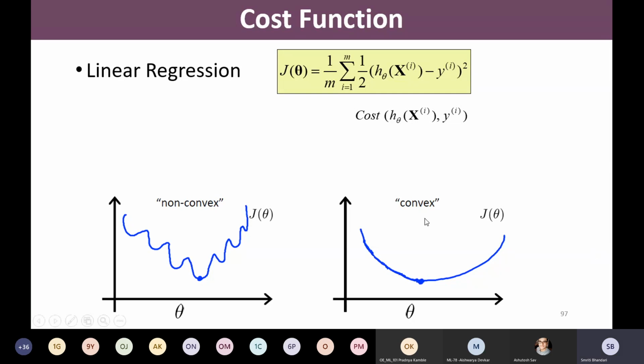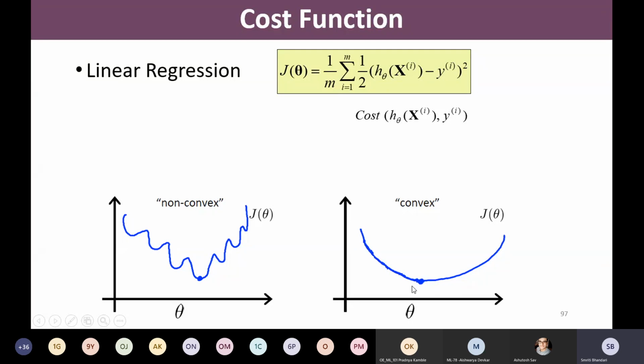Now, the essential property of our cost function is that it should be convex. What do we mean by a convex function? The convex function looks like this curve, and it has only the global minima.